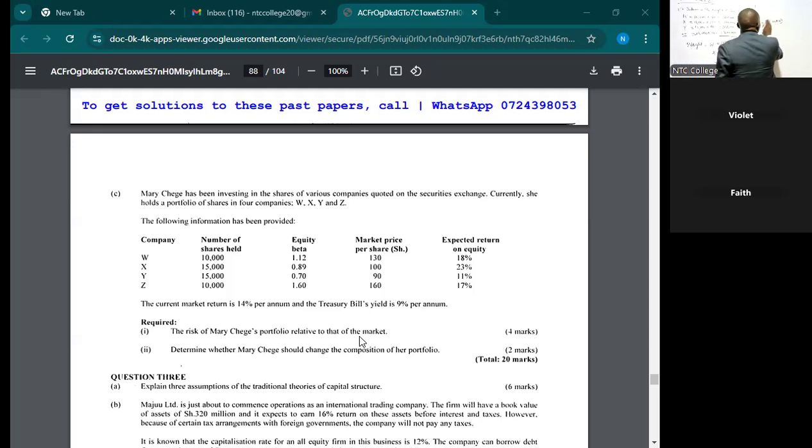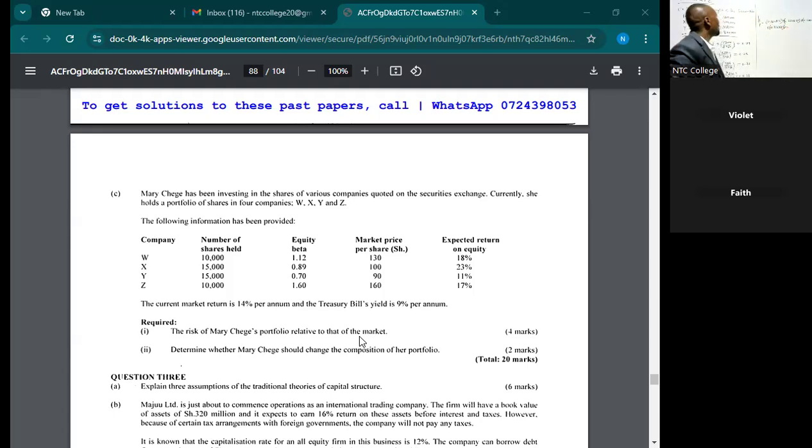Plus 0.26 times 0.89, plus 0.23 times 0.7, and then plus 0.28 times 1.6.